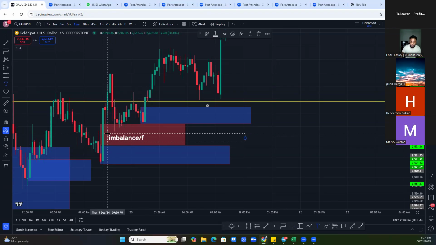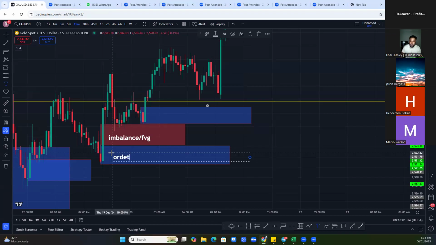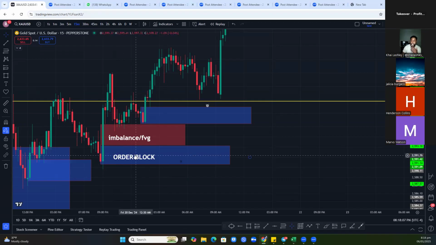So everything looks familiar. And this would be our order block. We see how price pushed up, pulled back into the imbalance, and then the market continued onward.